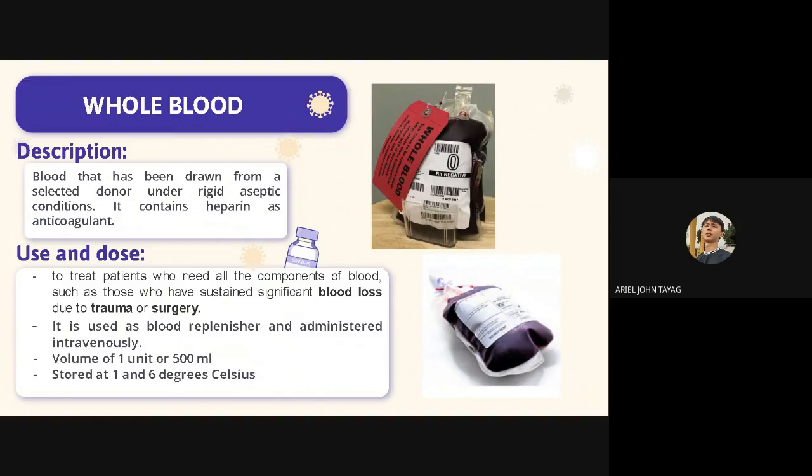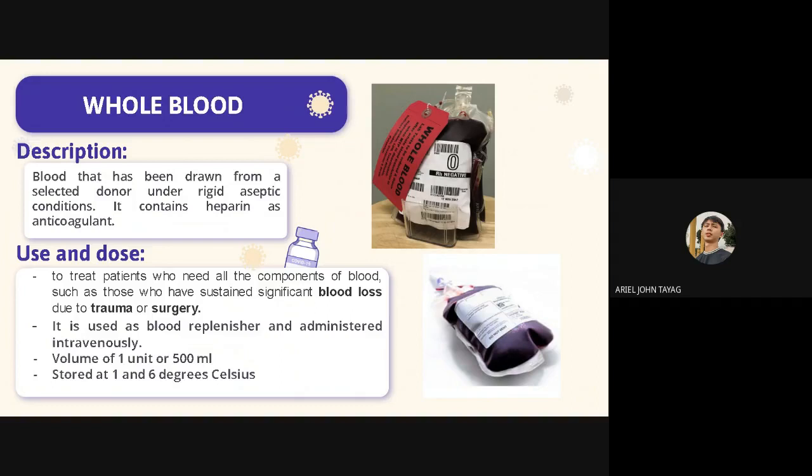So we have here the whole blood. Whole blood is blood that has been drawn from a selected donor under rigid aseptic conditions. It contains heparin or citrate ion as anticoagulant.